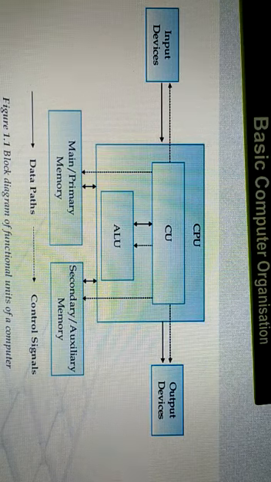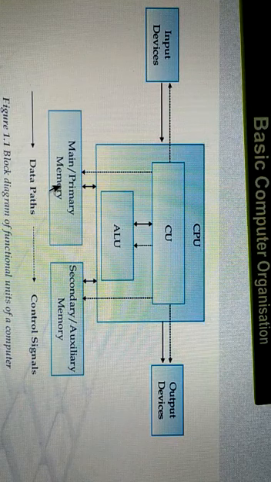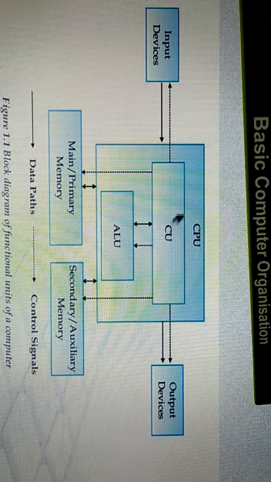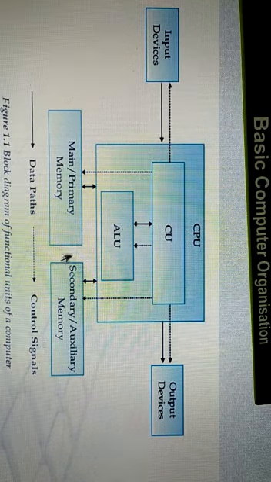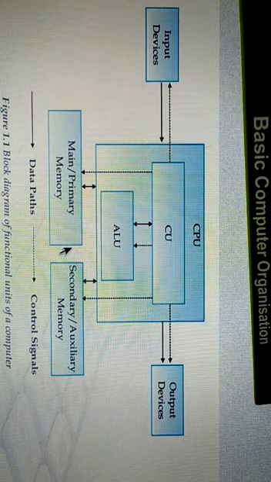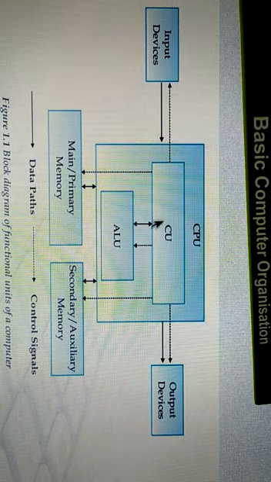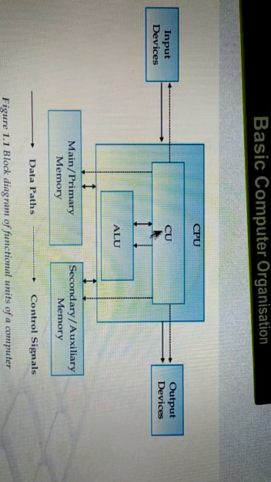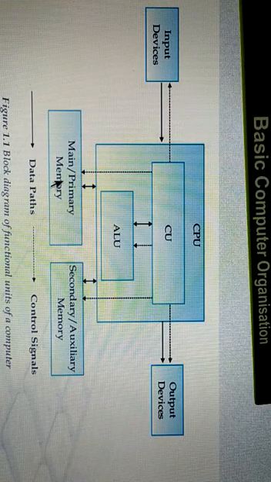When any instruction comes into the RAM, who knows first? First the control unit knows. Why? Because the control unit is attached to all the units individually. Now the functions of the control unit start. The control unit fetches the instructions from the memory and decodes them.